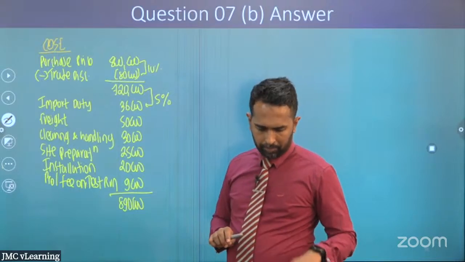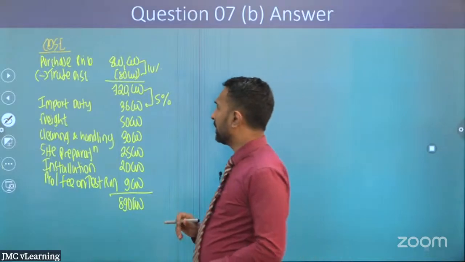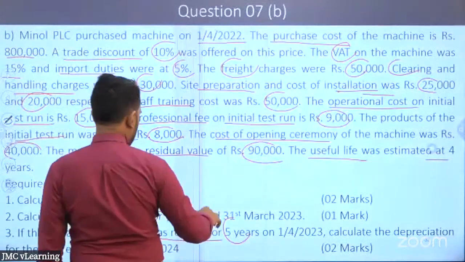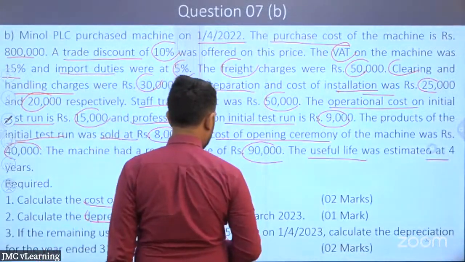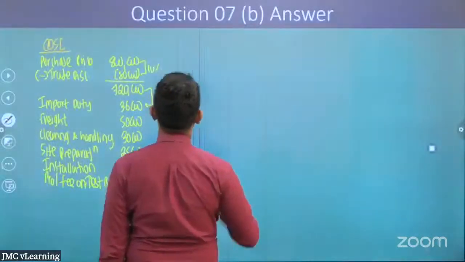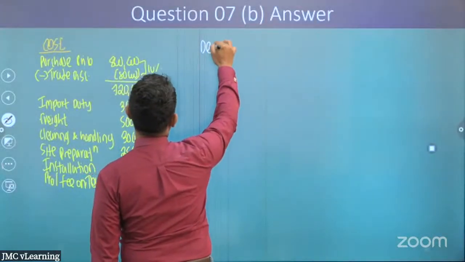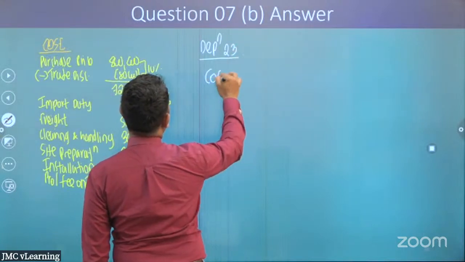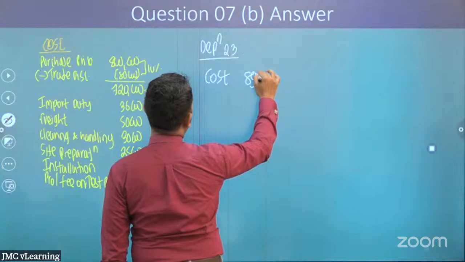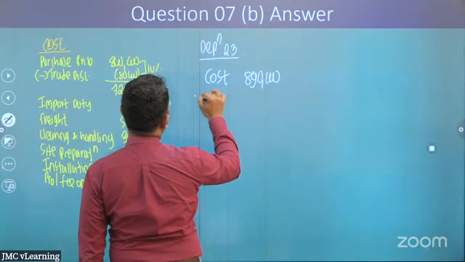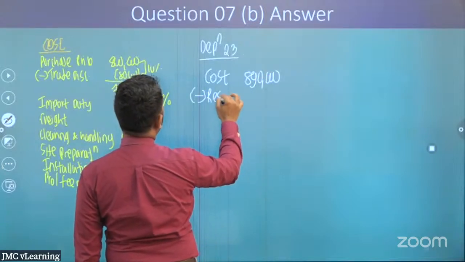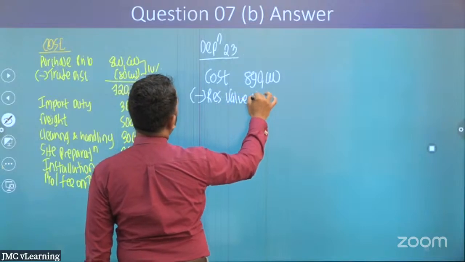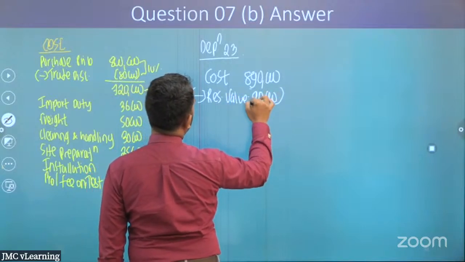Right. Then the second part of the question, we are supposed to calculate the depreciation for the year 2023. Now we have just calculated the cost, 890,000 minus the residual value 90,000.